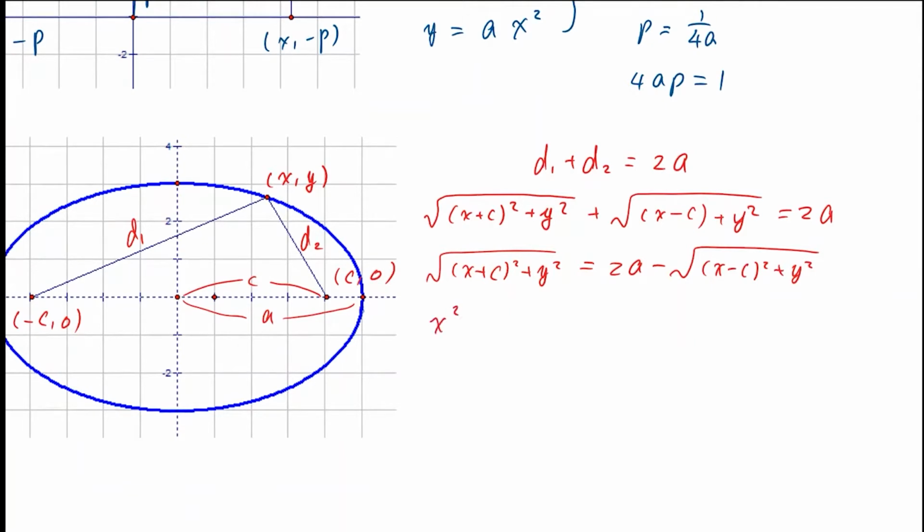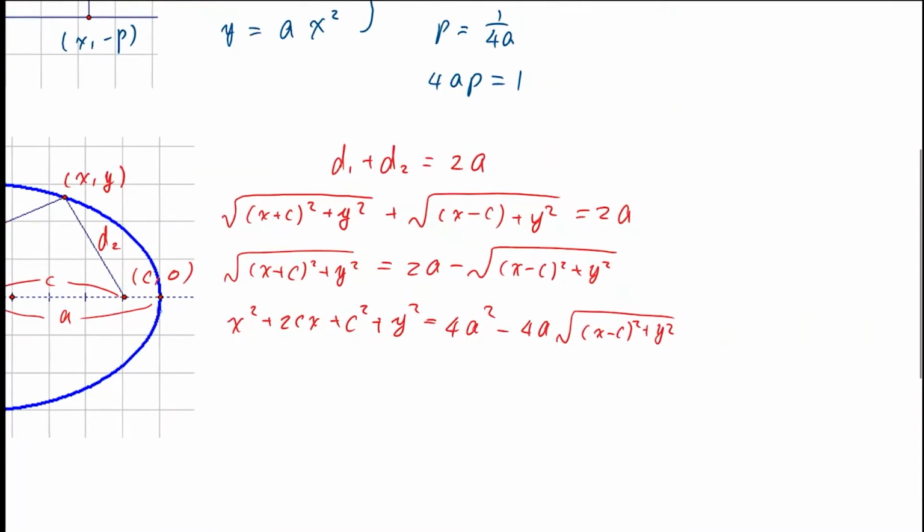So this becomes x squared plus 2c. I'm going to do it a little faster. And then this is 4a squared minus 4a square root of (x minus c) squared plus y squared, and then plus squaring that thing inside.